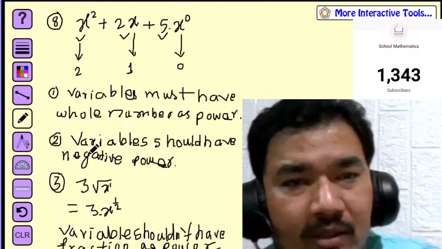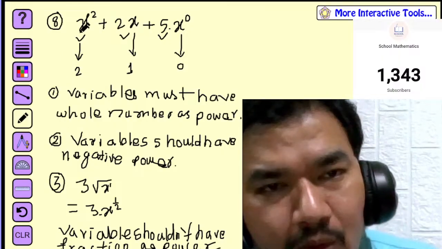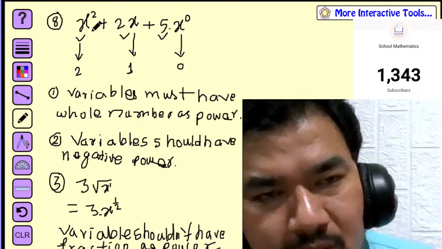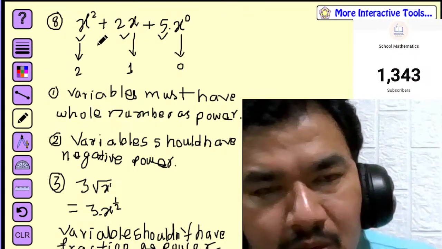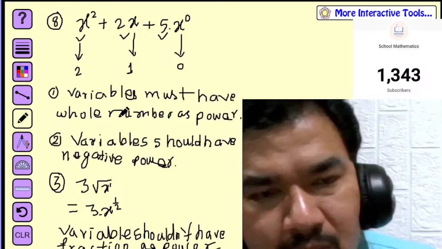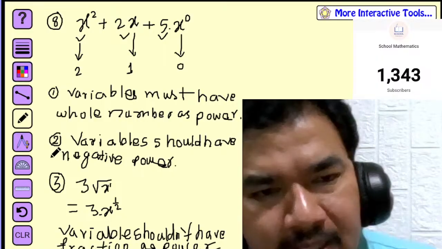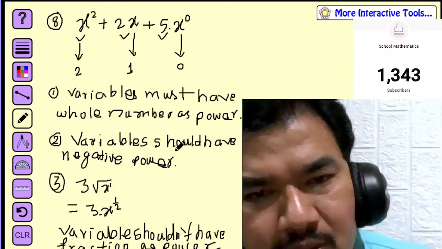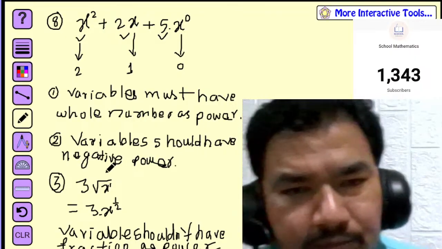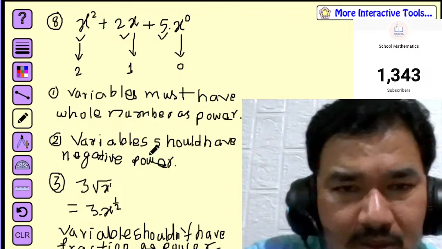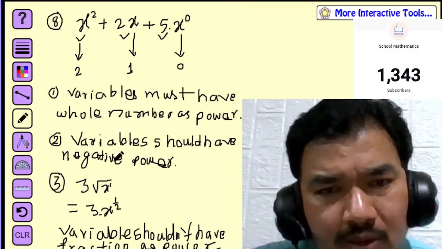Okay, look, I have explained here what type of algebraic expression the polynomial is. In all the terms, there are variables x, y, z. They all must have whole number powers. Maybe zero also, but one, two, three, four, five. Variables should have non-negative power.